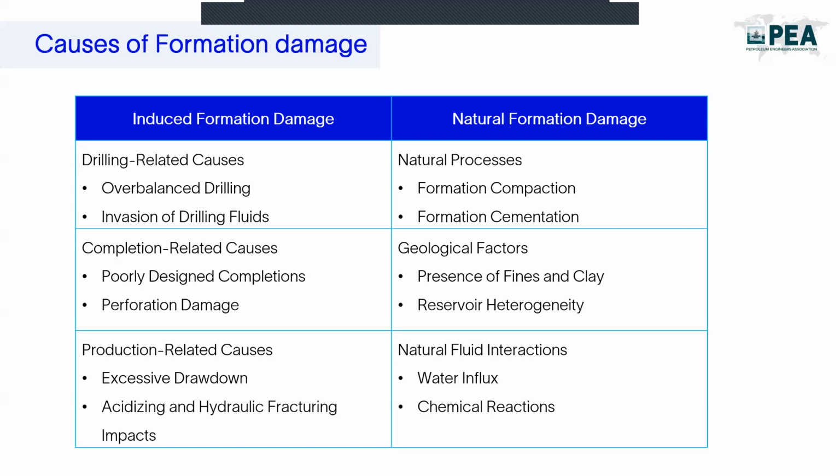So let's start with the first one, which is induced formation damage. These kinds of damage are caused by human activities and operational practices. So basically, this sort of damage is caused by us. We are responsible for having this sort of damage.